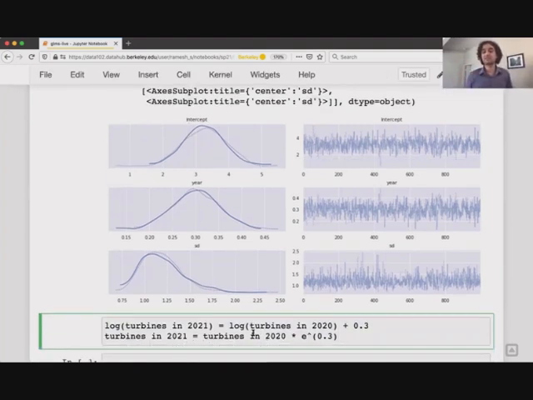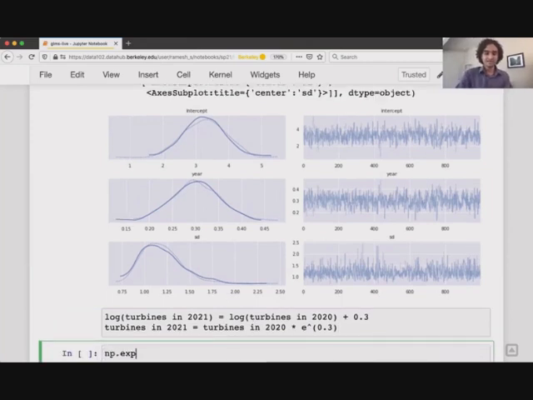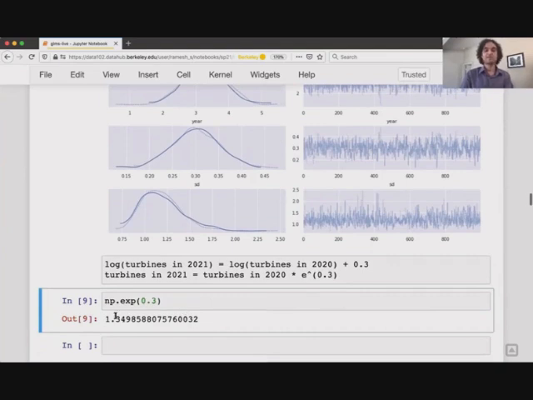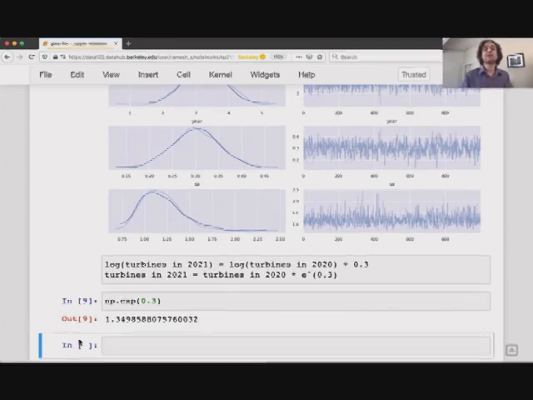And that's how exponential growth works. Every year we multiply what came out the previous year by e to the 0.3. And what is e to the 0.3? It is 1.345. So what this is saying is that every year we have a 35% increase in the number of wind turbines. And that seems like a pretty reasonable fit to the model that we've seen so far.